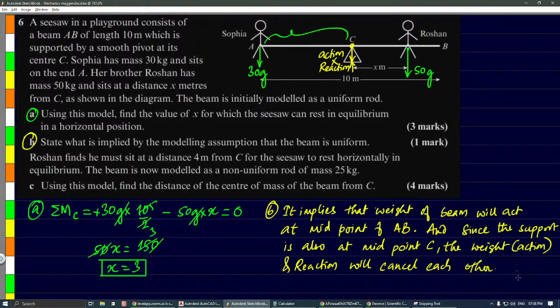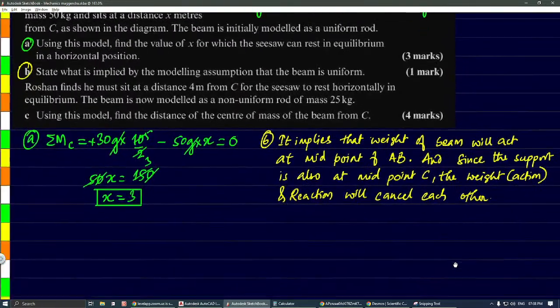Okay, so this we can write. This is the answer for B bit.